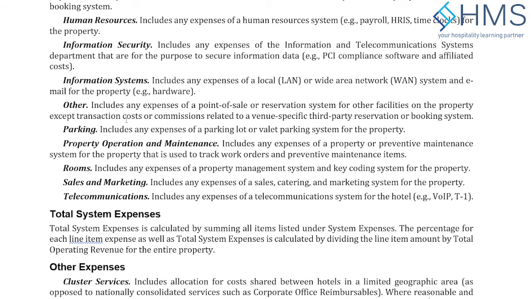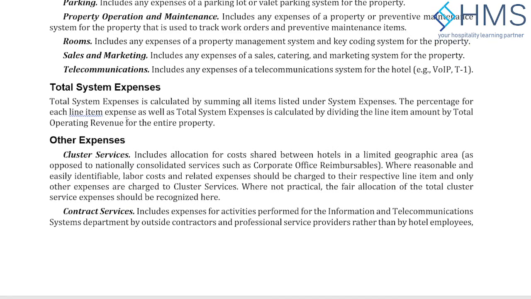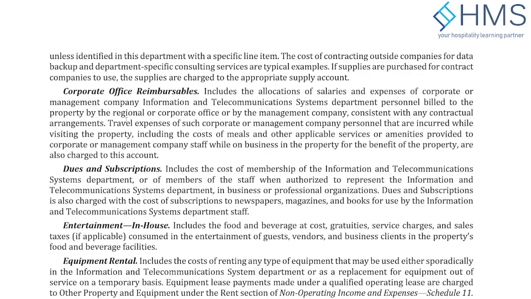Then you have other expenses, which are pretty much similar to the other departments, like cluster services. If the IT operations are managed by a cluster of hotels, or contract services, if you hire a third party for providing the Wi-Fi services in the hotel, or you have outsourced the call center to a third party for managing the calls inside and outside, then the cost will go into this department.